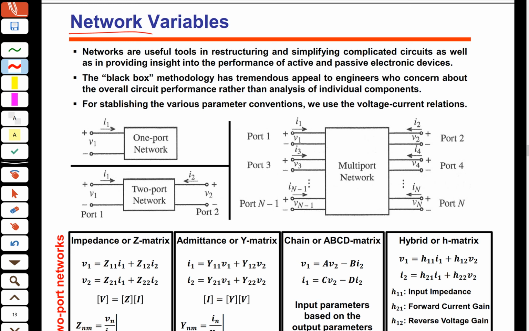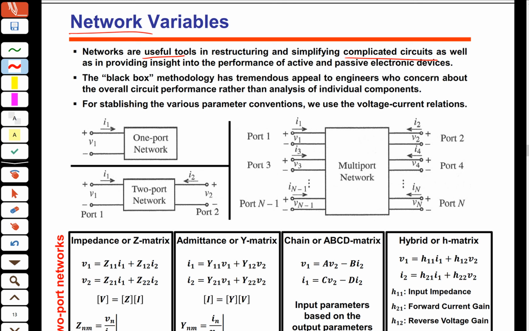It is very useful that we are looking into a circuit, I mean a complex circuit, without understanding what's going on inside. Because then we have lots of components. For example, we have an op amp, tens of transistors, lots of parasitics inside it.